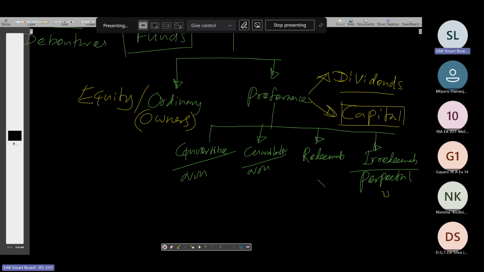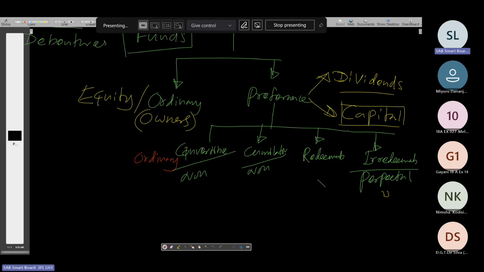So, cumulative, convertible. The first one, convertible and non-convertible. Convertible means these preference shareholders can convert their preference shares into ordinary shares.